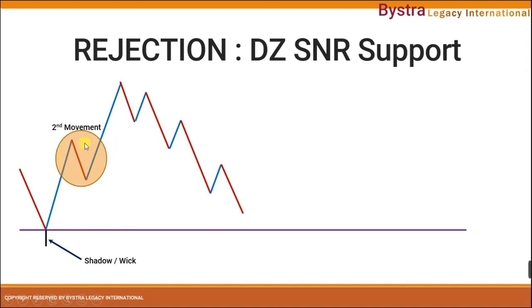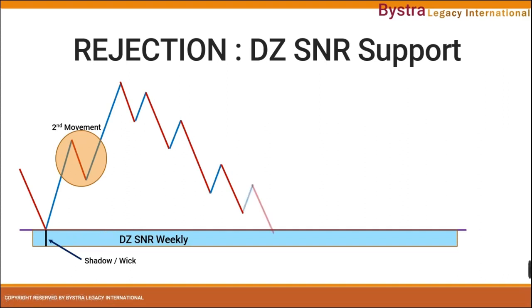When we mark the second movement, we will know that this will be a strong support. And this will be our shadow or the wick of the candlestick chart. So we mark the whole zone from the edge of the support all the way to the wick or the shadow of the candlestick. So this is our danger zone SNR weekly at the support.